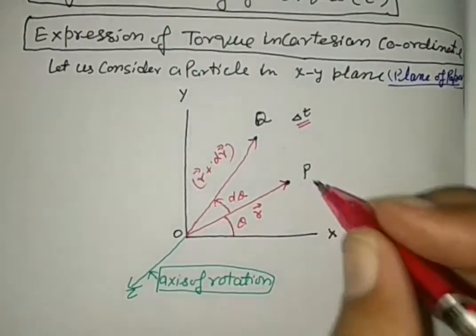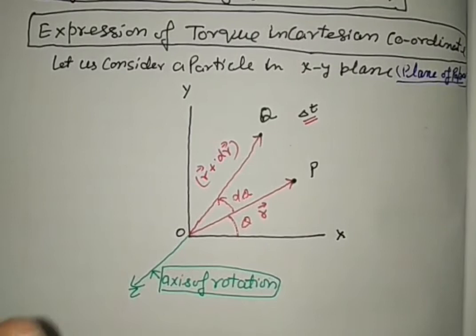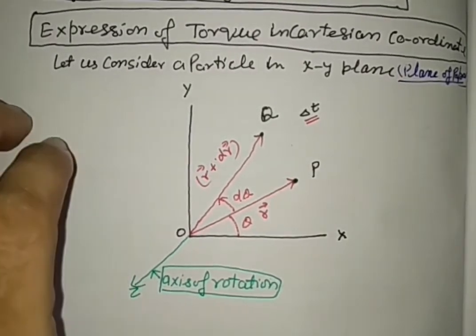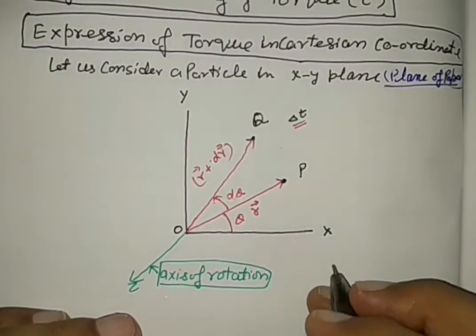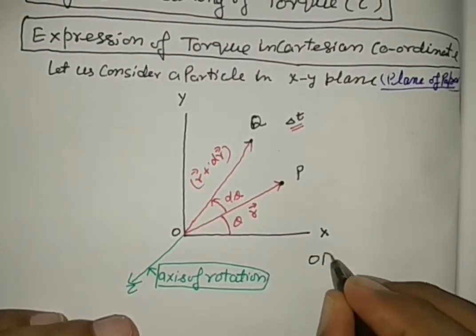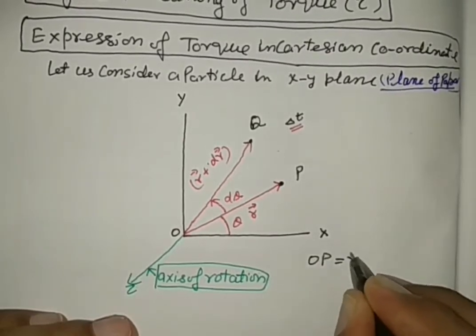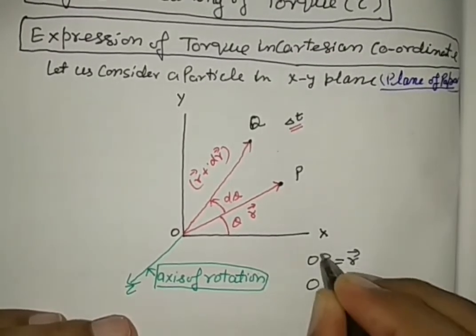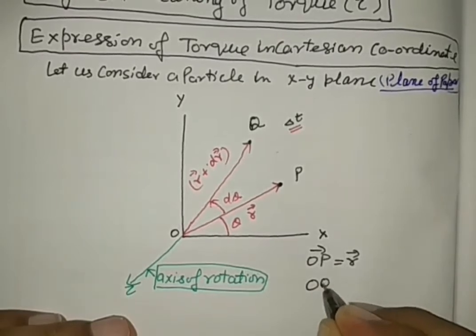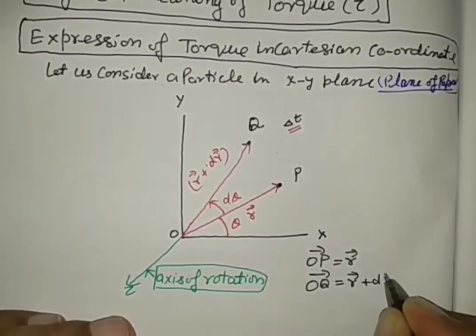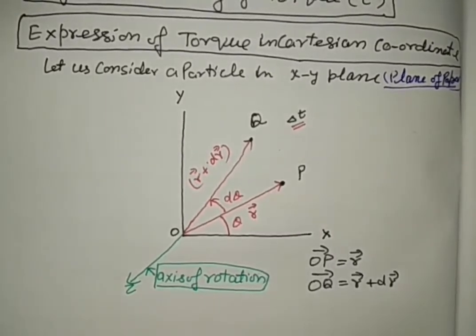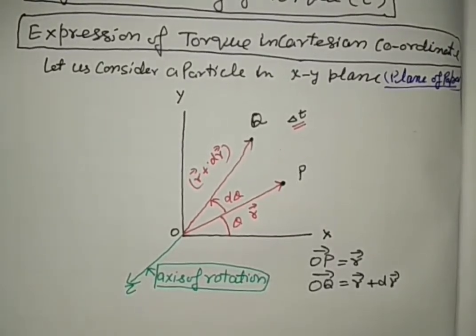The particle moves from P to Q. See very carefully here in this case. Now see the terms involved. This is OP. OP is r vector and vector OQ is r plus dr. It's clear to everybody?